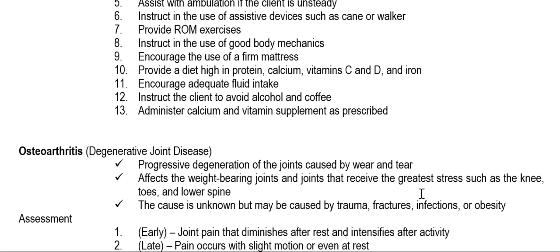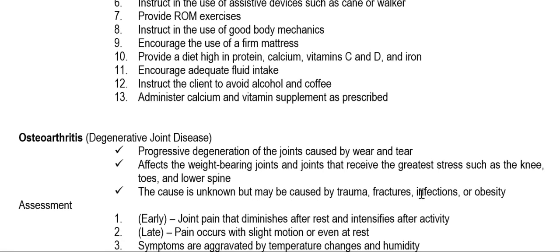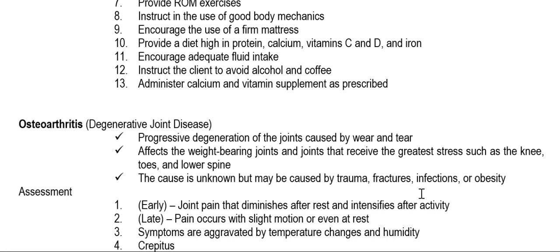Just like your bones. Okay, osteo means bones. It affects the weight-bearing joints and joints that receive the greatest stress, such as the knee, toes, and your lower spine. And weight loss is needed here, so that the knee, toes, and lower spine are not traumatized.